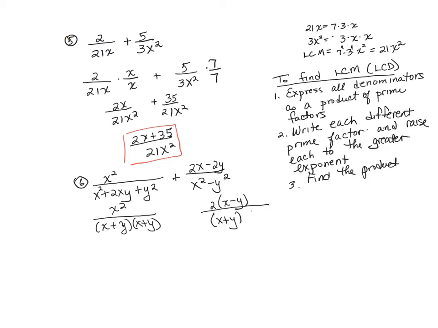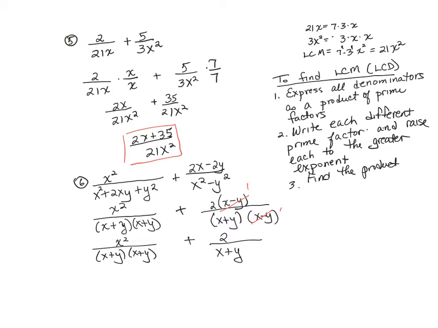This is the difference of two squares. Before I add them, we could actually simplify this by dividing through the x minus y's. So this becomes x squared over x plus y times x plus y plus 2 over x plus y.